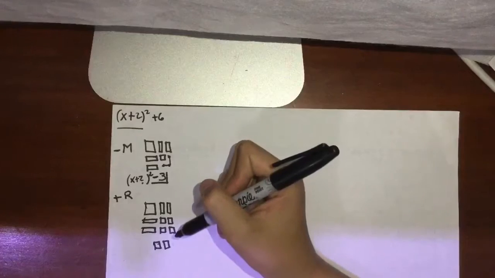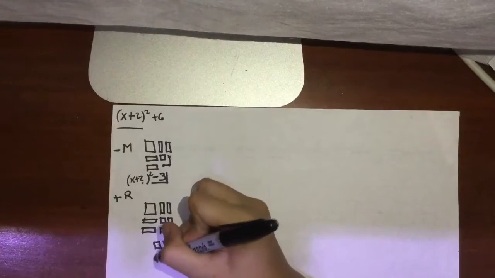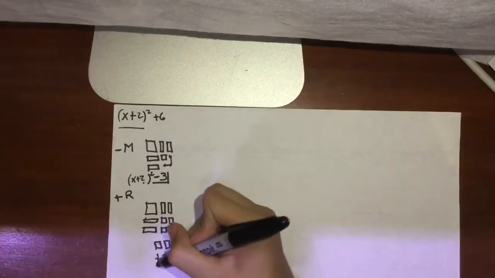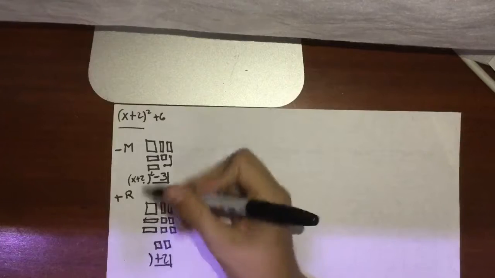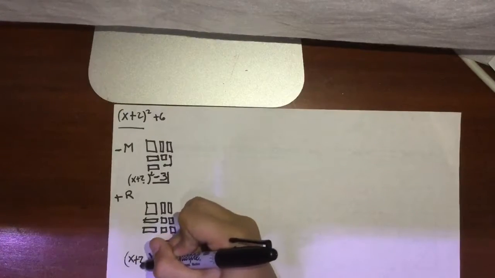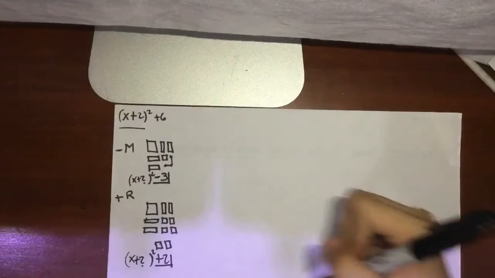These two are left. Sorry, they're remaining. So it would be positive 2. We have 2 more remaining than what we need. So here would also be the same answer as there, x plus the number we need in the equation, squared.